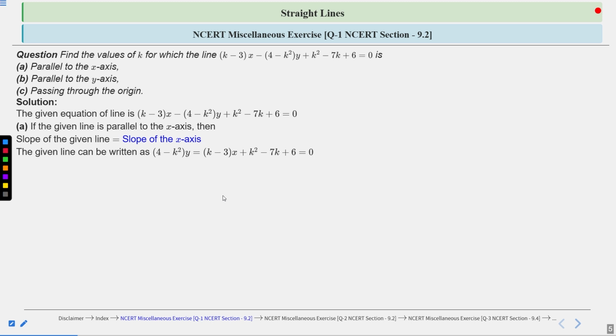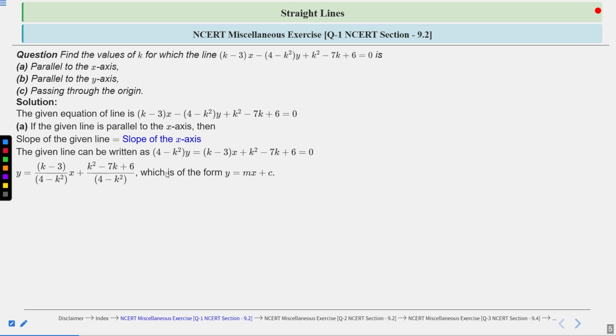Basically, we have written the term 4 minus k square times y in terms of k minus 3 times x plus k square minus 7k plus 6. So this is our rewritten equation.